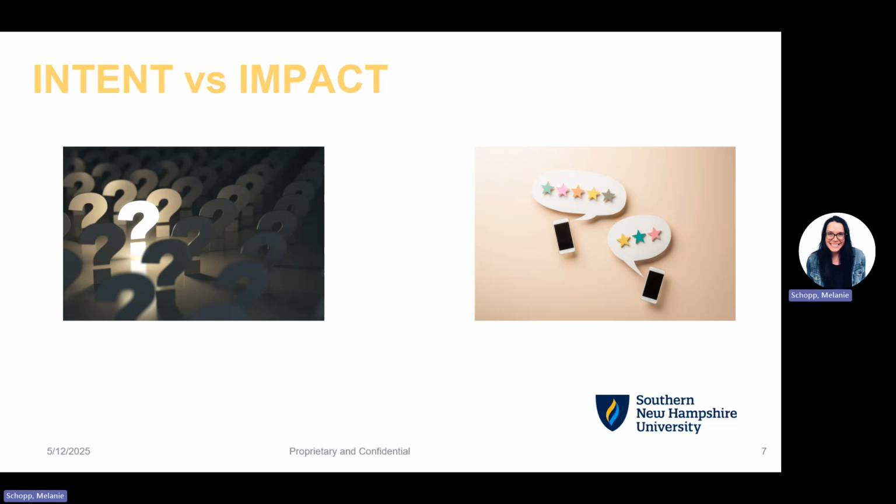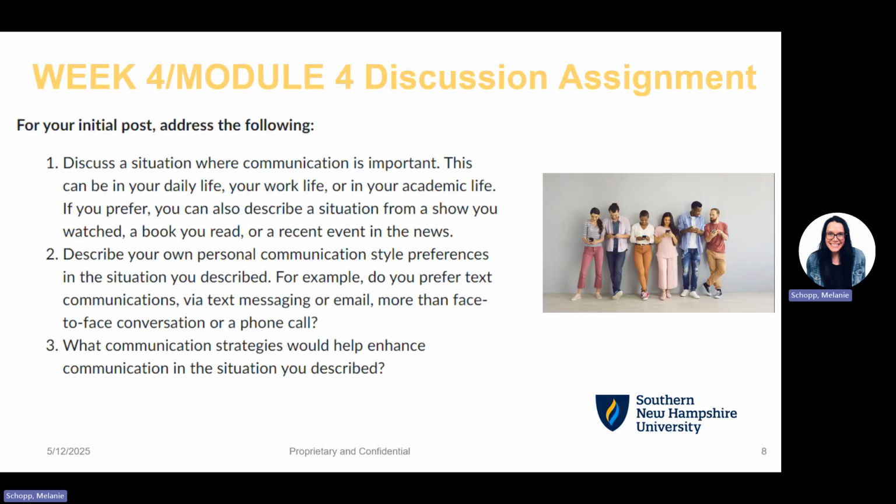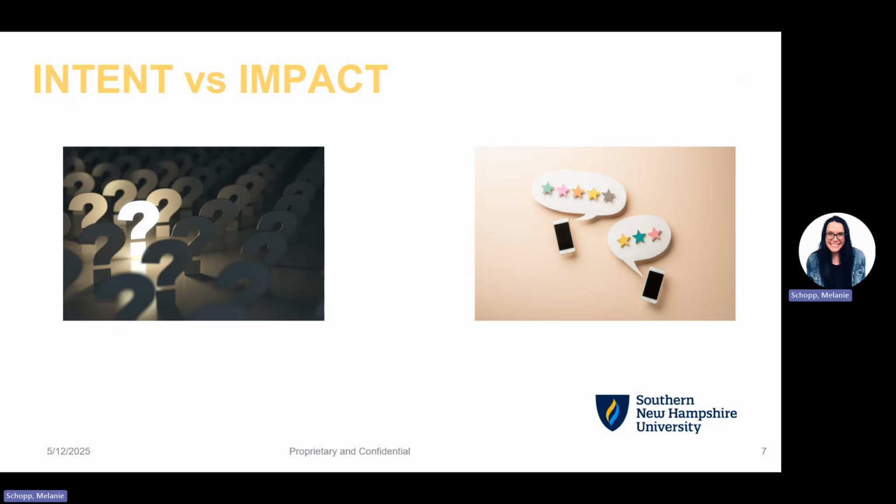And it's a reminder of how our words or even our nonverbal communication, so our posture, our body language, can make an impact without us even saying anything. So I want you to remember as we navigate this week's topic, when you are communicating, how do you make sure that your intent is taken correctly? And how do you make sure that you make the most positive impact when you're working with others? Okay, just a couple of quick things to think about.